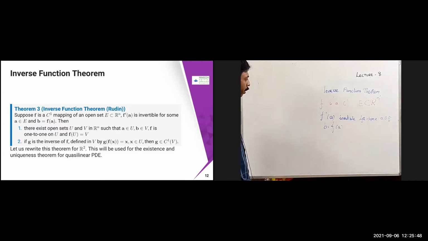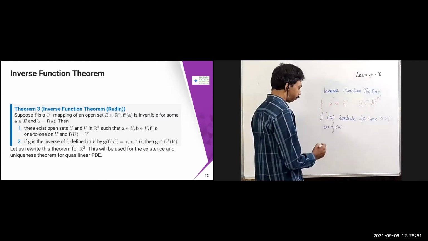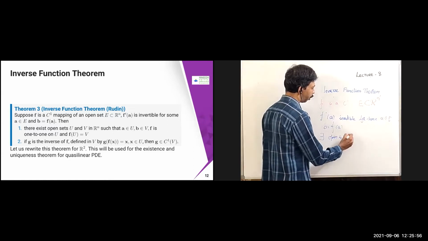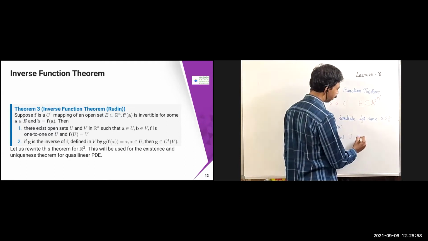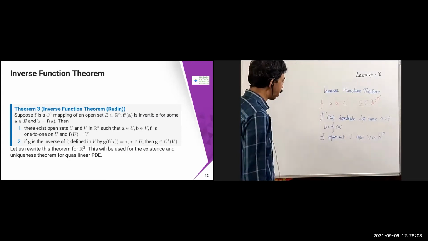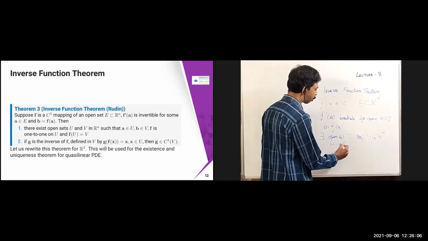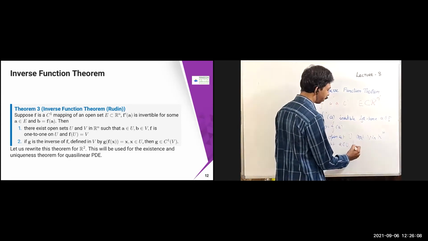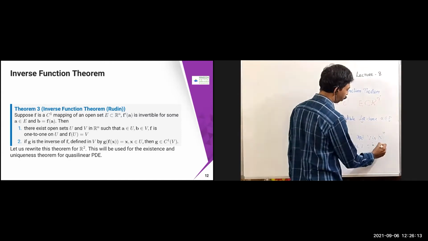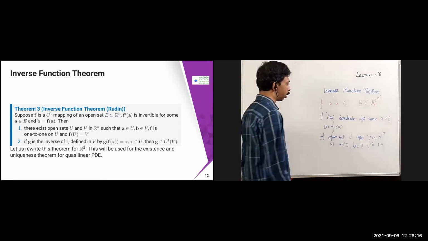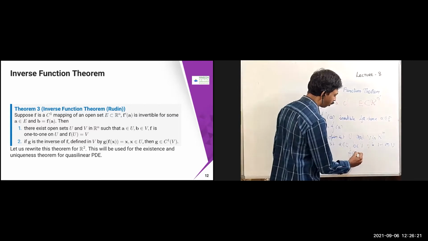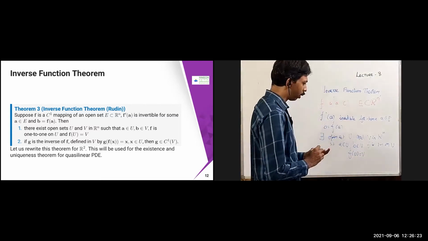Then what this theorem guarantees is that there exist open sets U and V in R power n such that A belongs to U and B belongs to V, and F is 1-1 on U, and F of U equals V. This is the first part.